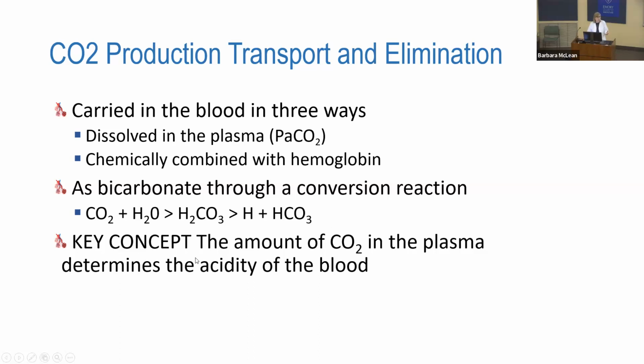That's called a conversion reaction. It requires a functional kidney. So by the way, when you have AKI and acute respiratory failure, you go down really quickly because you don't have compensatory capability. You don't have kidney compensation and you don't have lung compensation. So you go down the tubes pretty darn quickly.